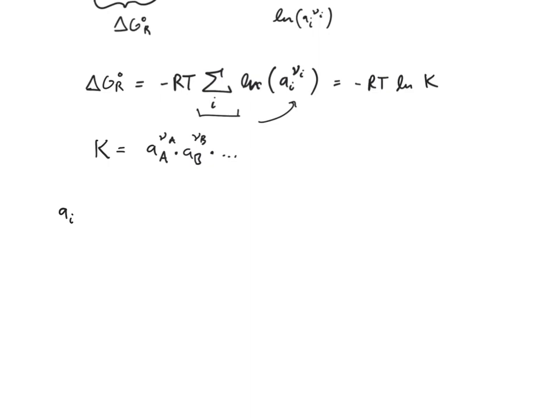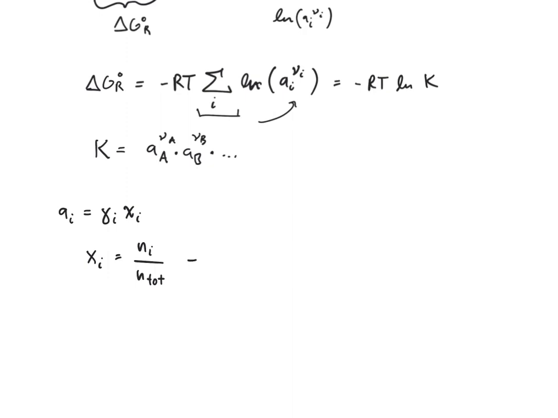I told you on previous slides that the activity is going to be equal to the activity coefficient multiplied times the mole fraction. Let's just consider that mole fraction for a second here, briefly. That is the number of moles of I over the total number of moles, okay?